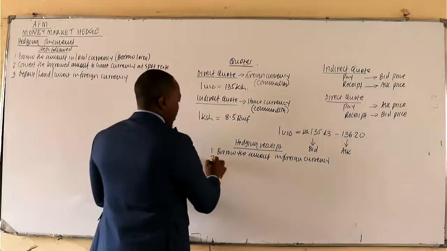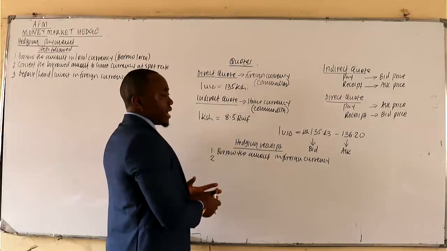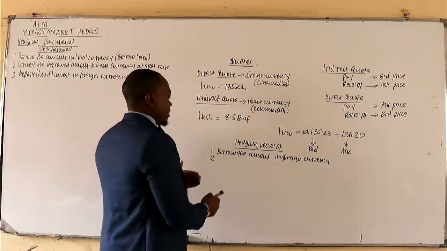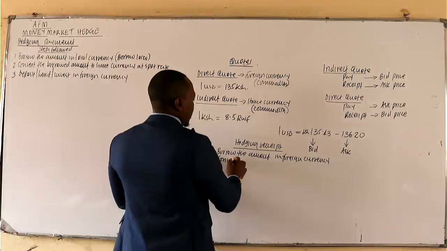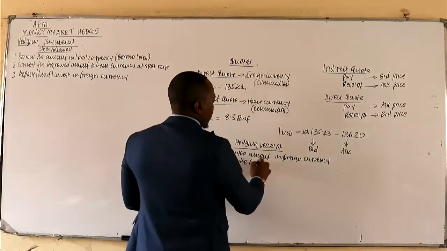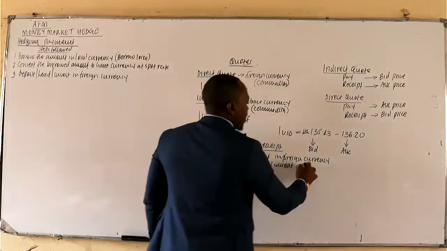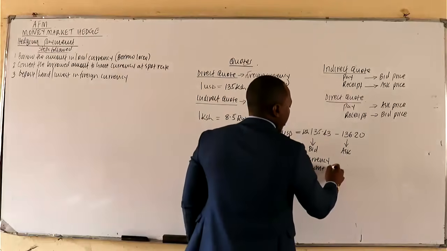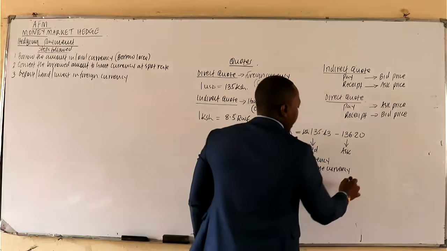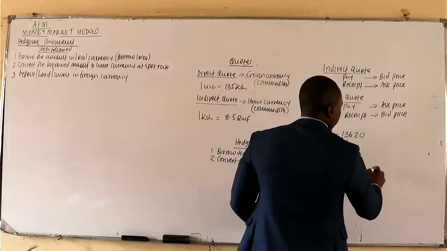And then step number two, when you borrow the amount in the foreign currency using the borrowing rate of that currency, then you convert the borrowed amount into home currency at spot rate.